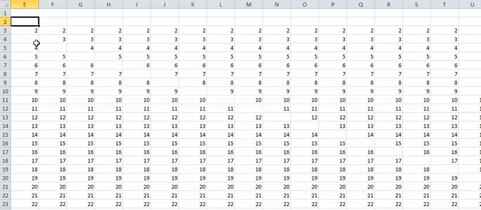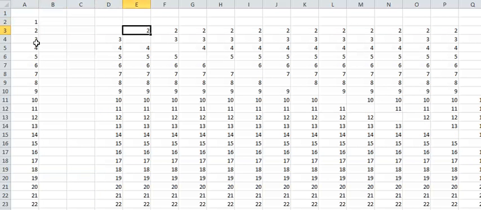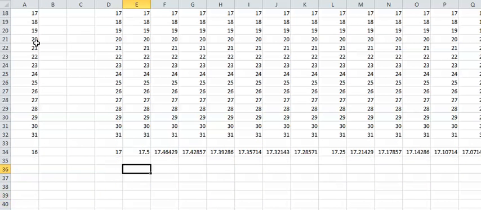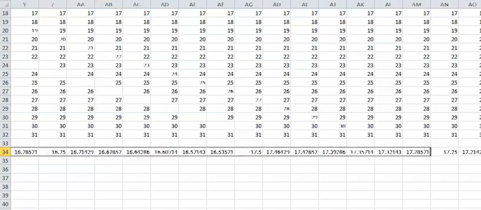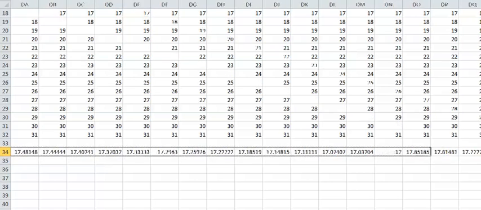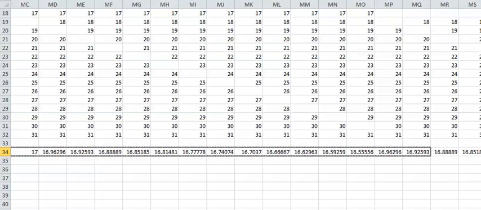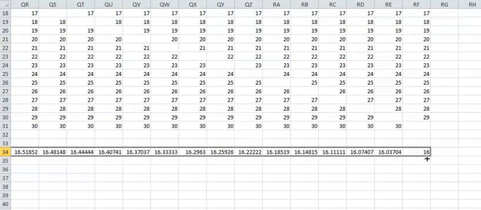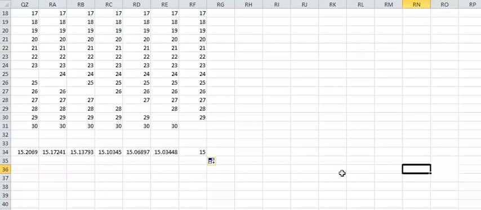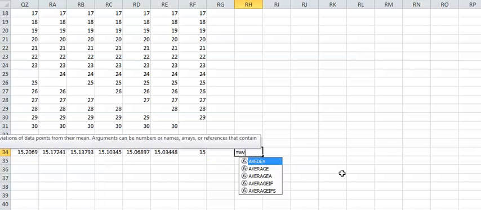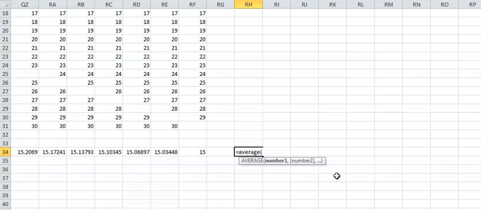So I have to include them. If I want the mean of each possible sample, I do have to include everything starting at row 2. So I'll do it over again. These are actually the means of all the possible samples. And now I'll calculate the mean of the sampling distribution, which is just the mean of row 34.